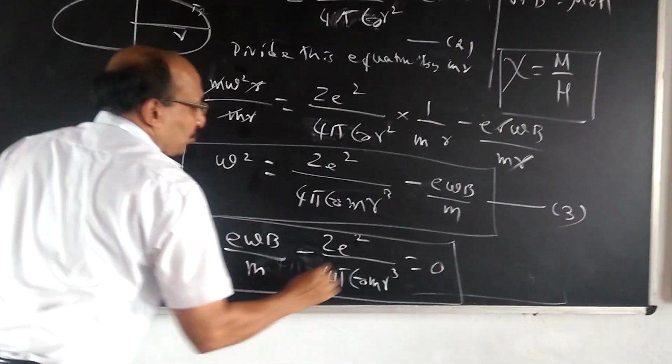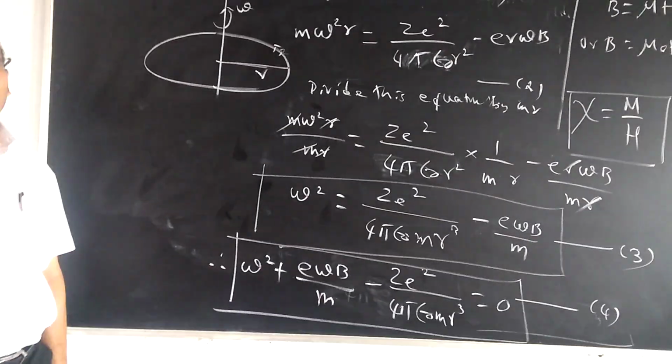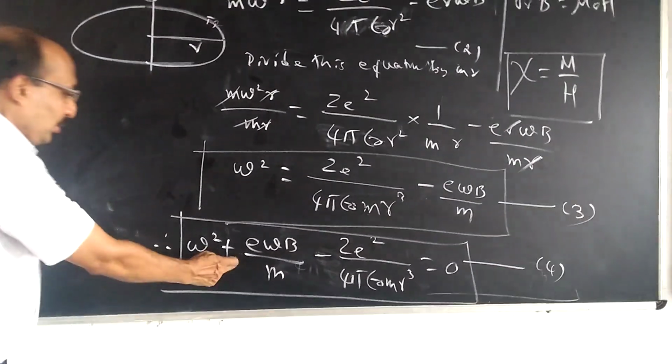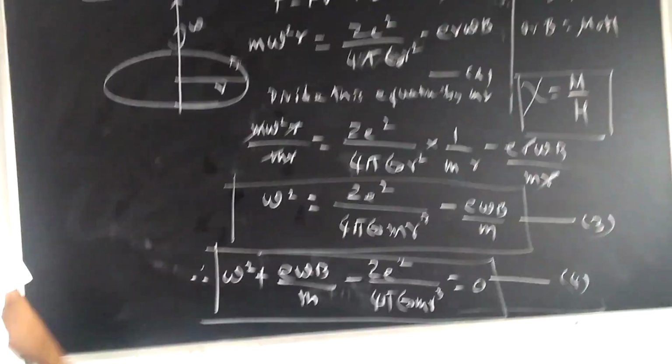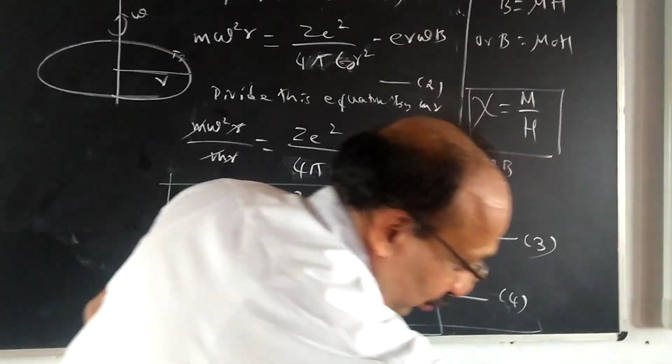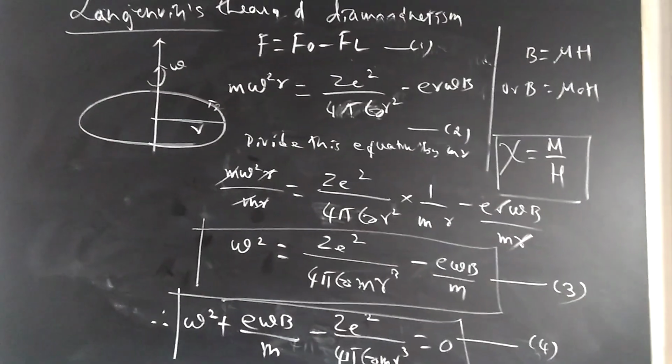Now equation 4 is exactly a quadratic equation with particular roots. You have to find the roots of omega. It may be minus b plus or minus square root of b square minus 4ac upon 2a. So in that form you have to get the root.